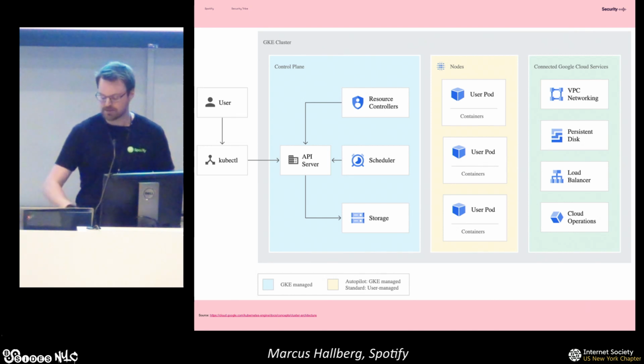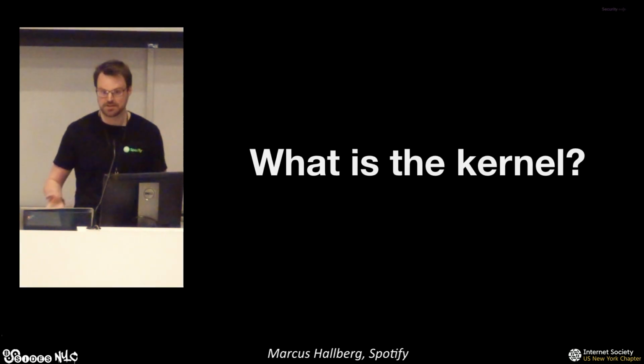And as you see at the low level here with the labels, some of that is managed by us as operators of the infrastructure, and other parts of that, as here marked in green, is managed by Google themselves. So with that high-level understanding of Kubernetes and how that works in GKE, let's move into the next section.